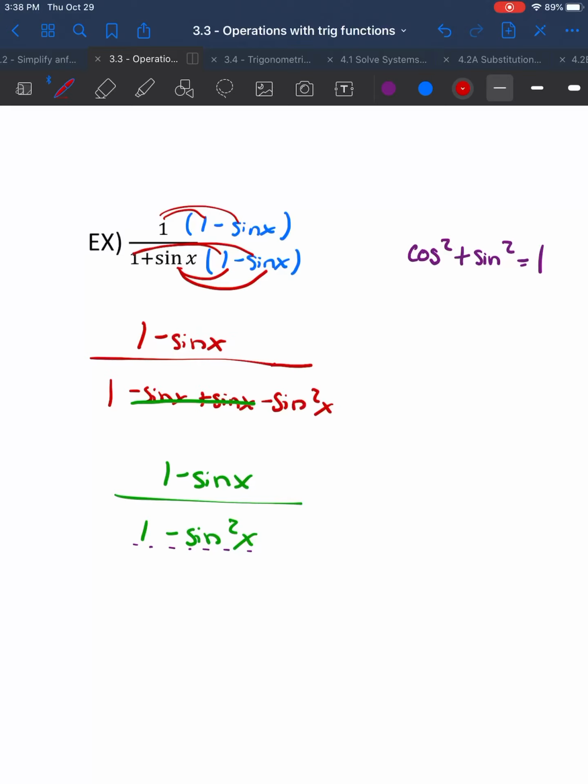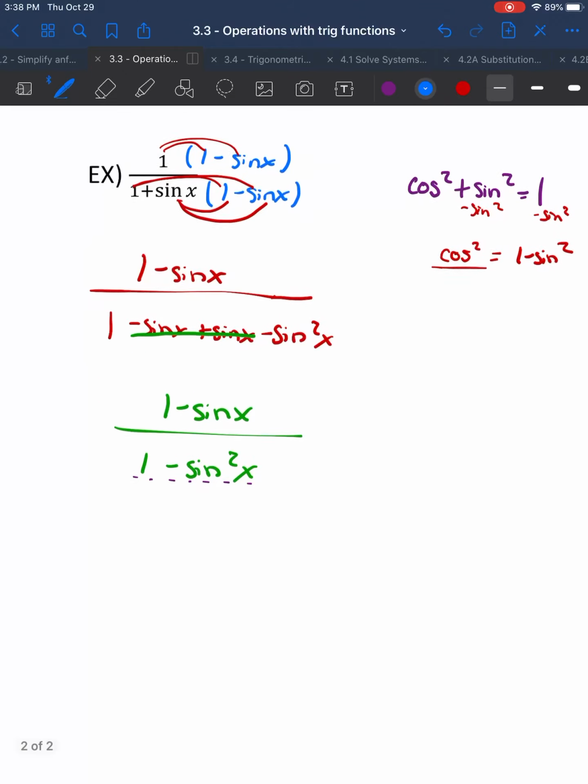My denominator says 1 minus sine squared. So if I look at my identity that I wrote over here, if I subtract sine squared over to the other side, I get 1 minus sine squared is equal to cosine squared. So I'm going to replace 1 minus sine squared with what it equals, cosine squared.